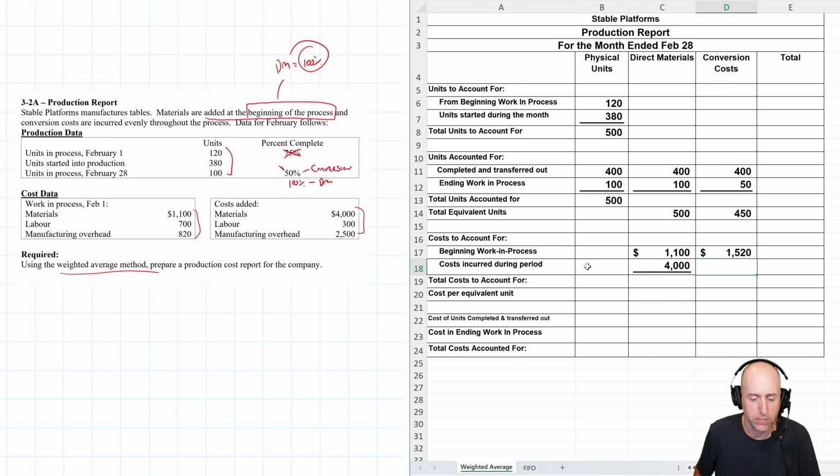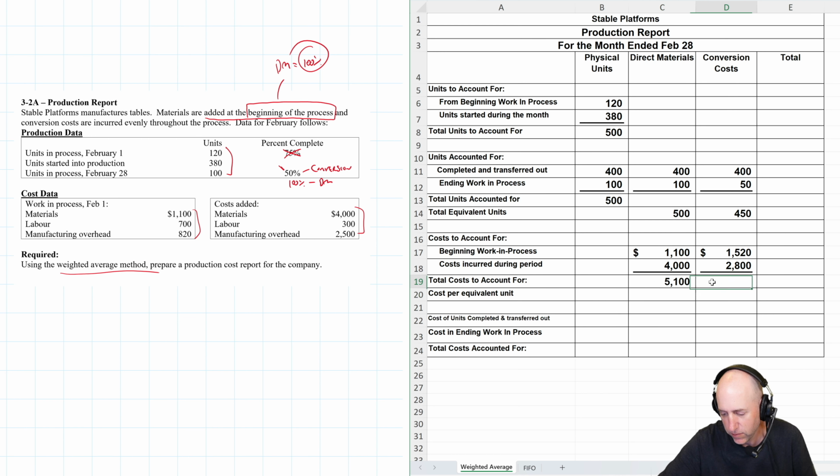Labor and overhead, again conversion, 2,800. Total costs, add them together, 5,100 in materials. That's the 1,100 plus the 4,000. And conversion, that's everything else. Now I just need totals to the right. 1,100 plus 1,520 is 2,620. 4,000 plus 2,800 is 6,800. And 2,620 plus 6,800 is 9,420.